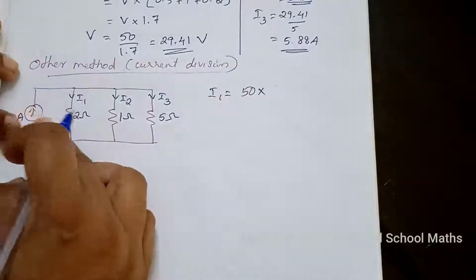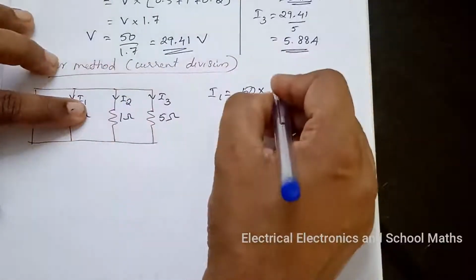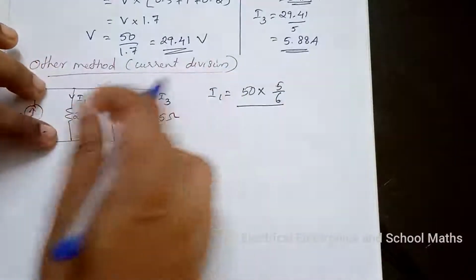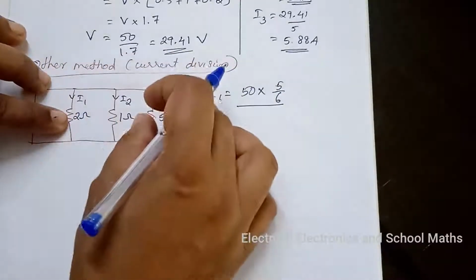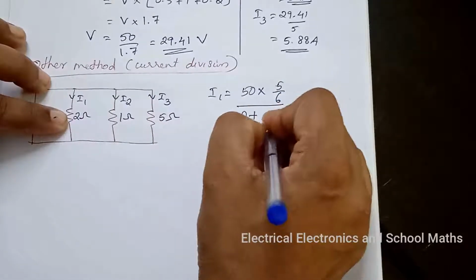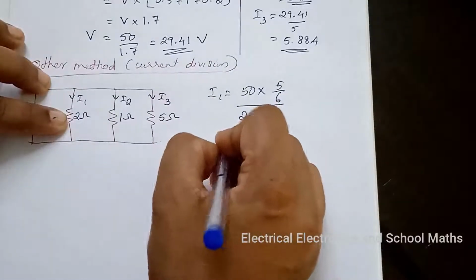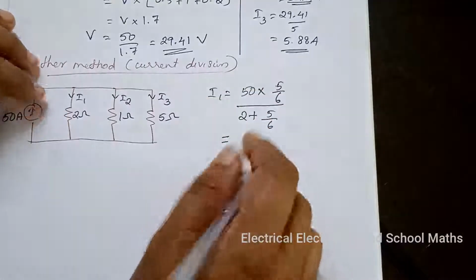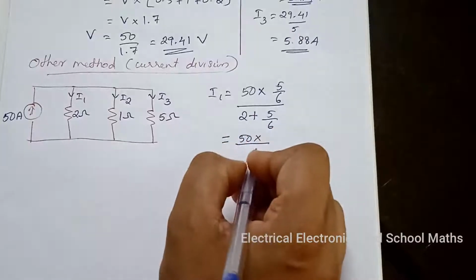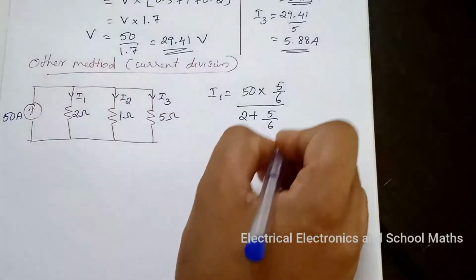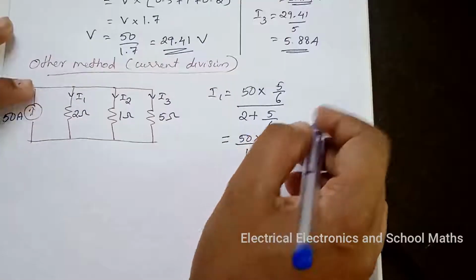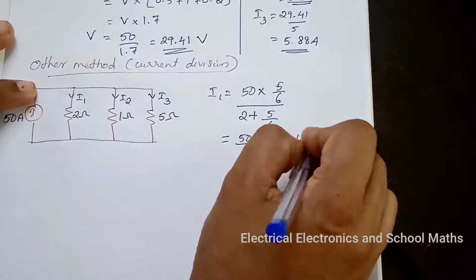So total current into 5 by 6 divided by total resistance, that is 2 ohm plus the parallel combination of these two, 2 plus 5 by 6, and we get 50 into 5 divided by 17 equal to 14.71 ampere.